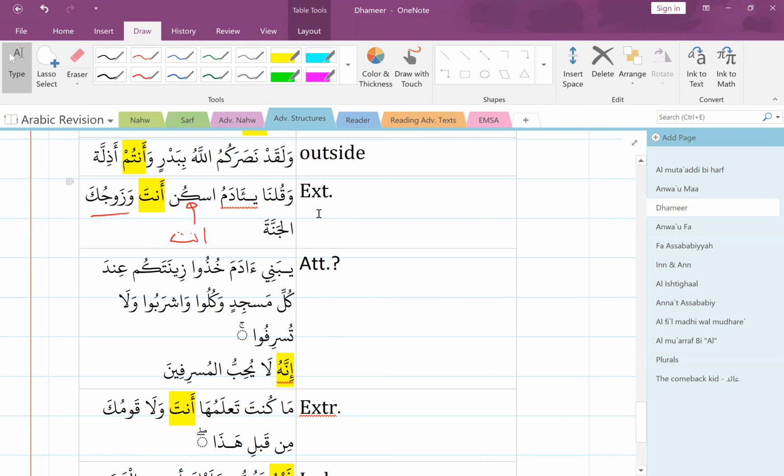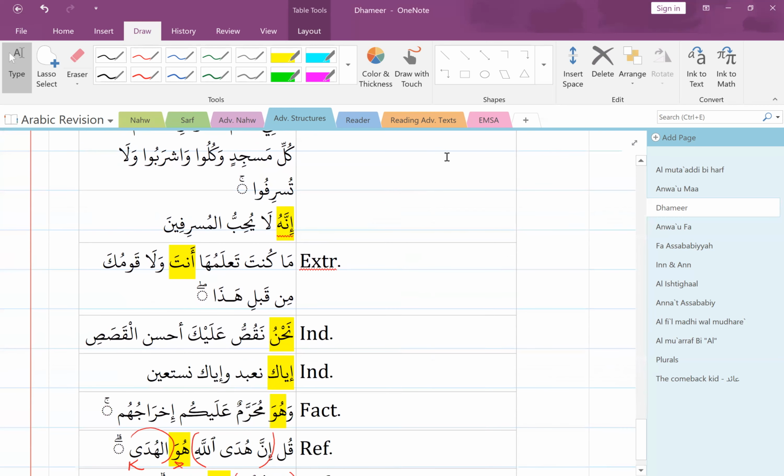But all مبتدأ cannot be ضمير الشأن. No. Okay, because mubtada can be so many different things, and sometimes the mubtada is just a mubtada, not giving importance to anything. All right, any other questions before we end?